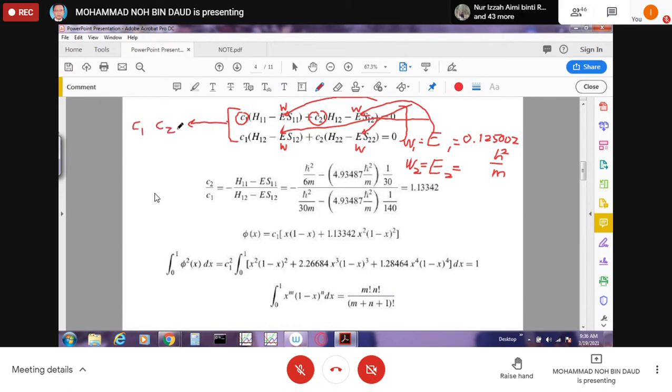How do we do this? Here we can see when we use this first equation, you must follow this step. There are two steps involved here if you want to evaluate this coefficient C1 and C2.